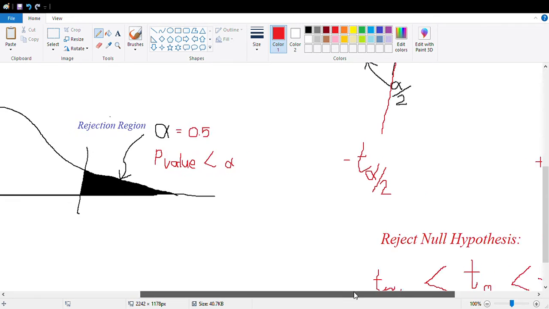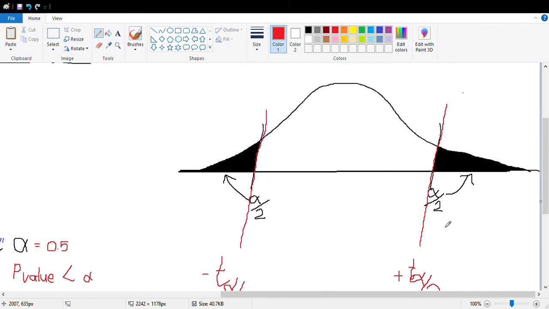But in actual sense, it should be a two-tail, since our null hypothesis H0 is, as stated, mu1 equal to mu2.